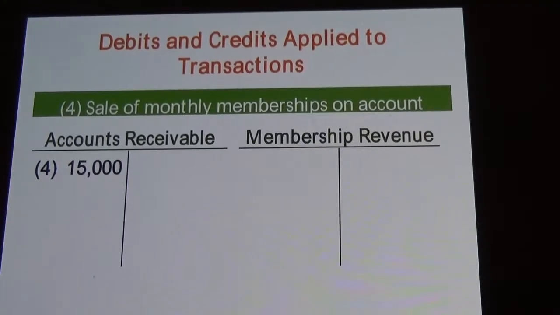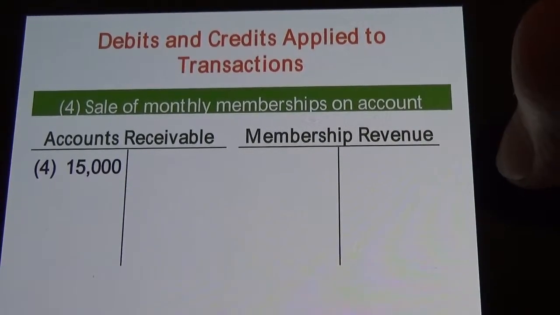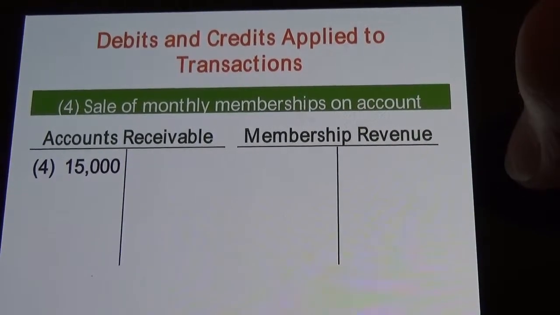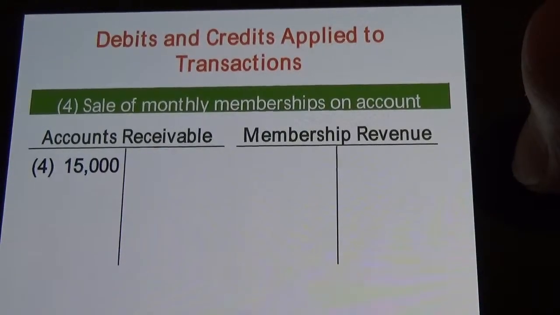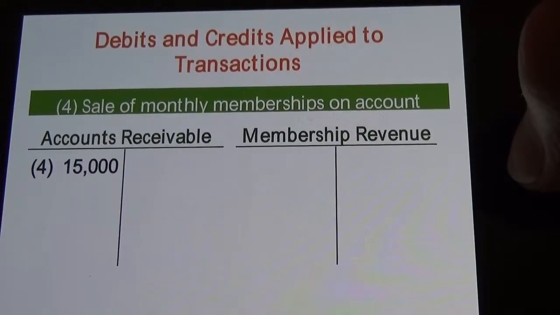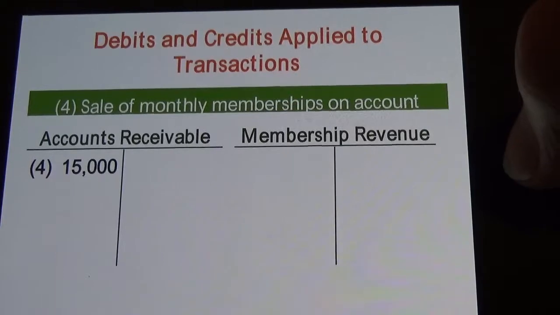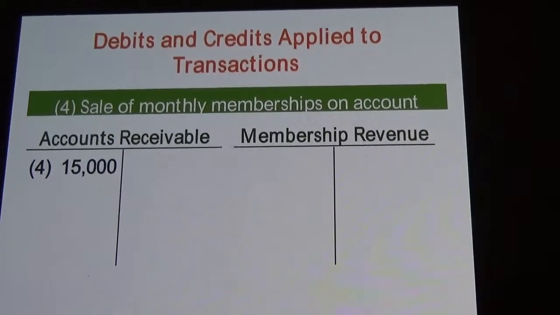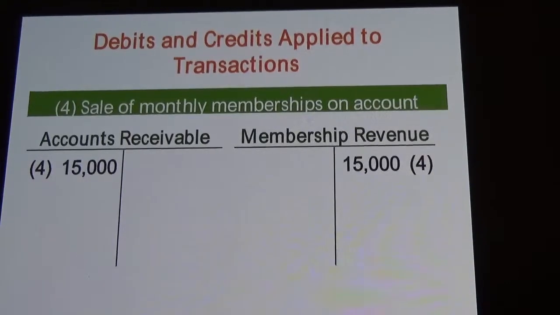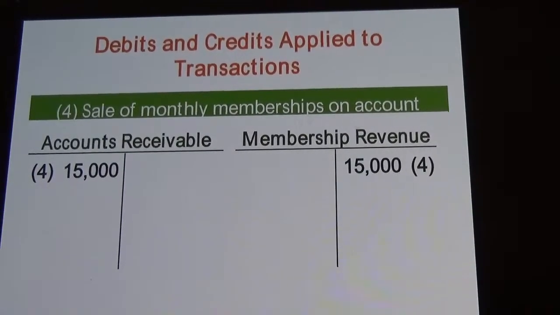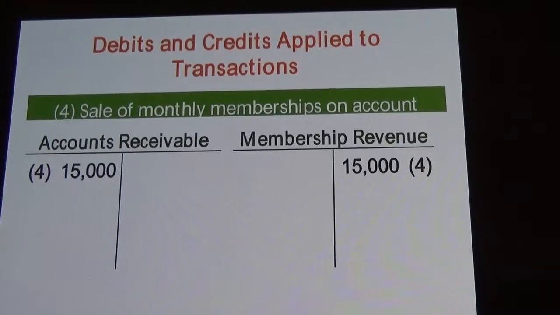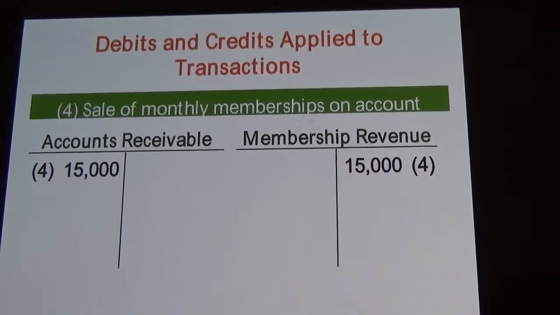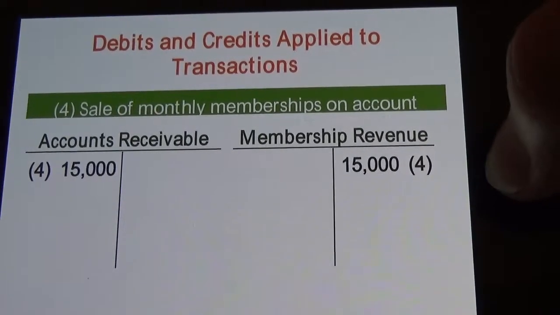We're going to record the membership revenue as a credit entry because revenues increase retained earnings, which is an equity account, which is on the right side of the equation. Therefore, it has a credit balance and increases with credits. And so we've got the $15,000 credit there. Again, our debits and our credits within this entry are equal, and therefore we can go on.